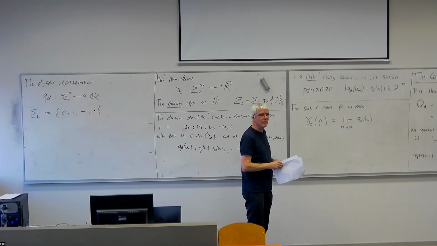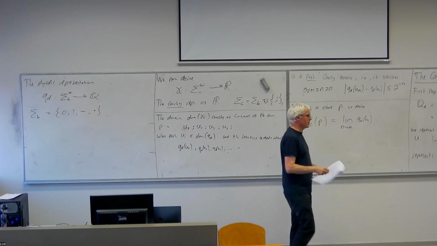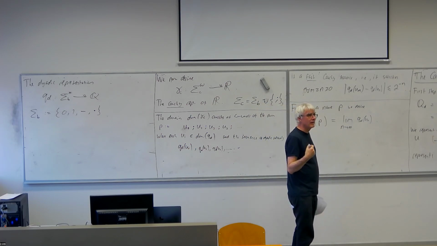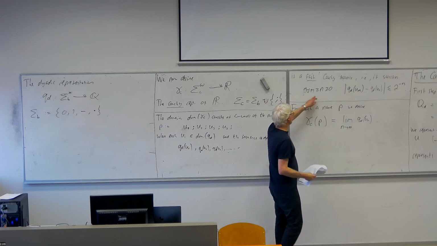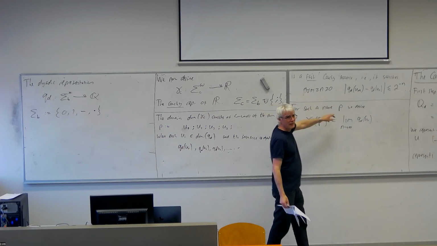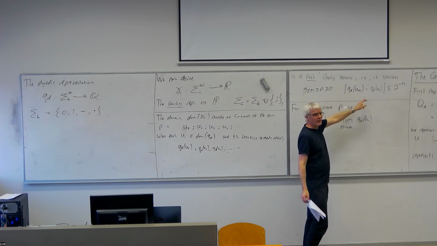Shouldn't we require for all n there exists an n such that this holds? Okay, so the usual condition is for all epsilon there exists an n such that for all m greater than or equal to n, this inequality holds. But we're strengthening that.